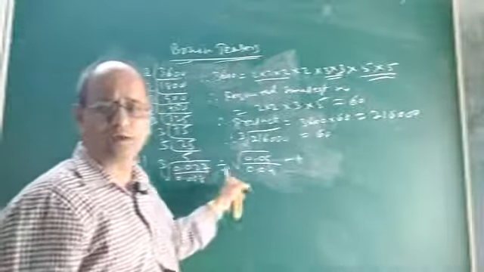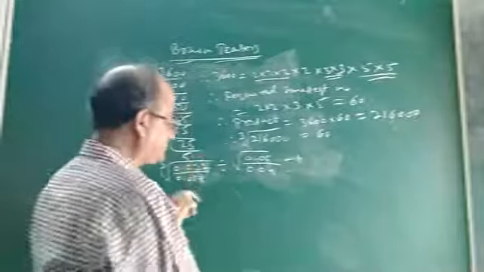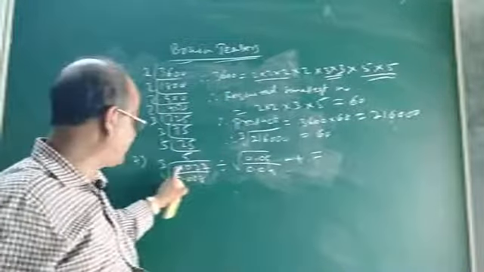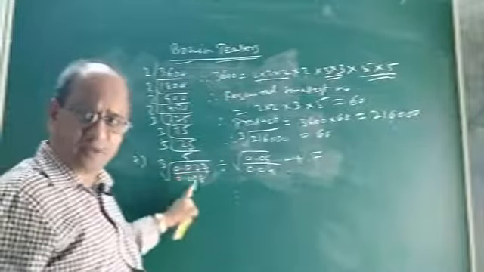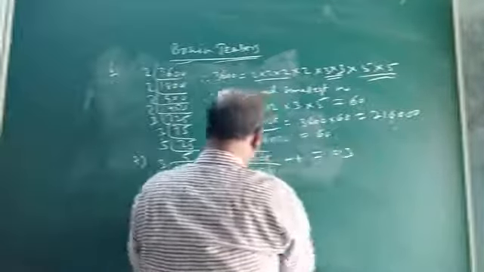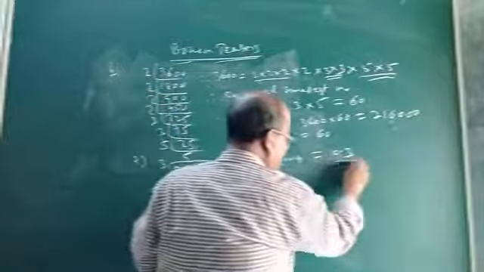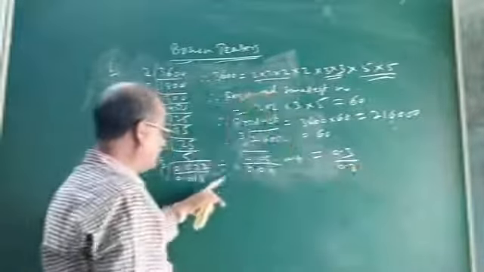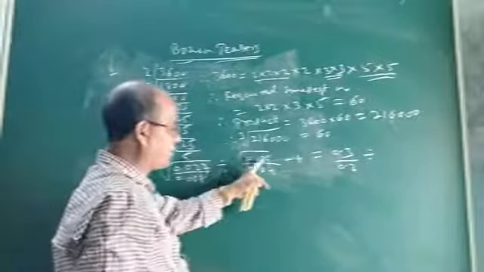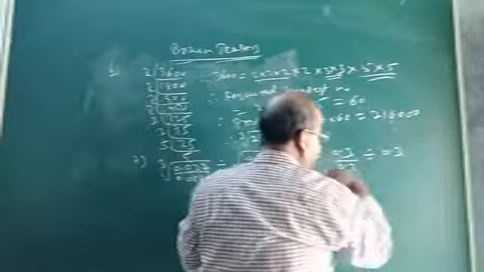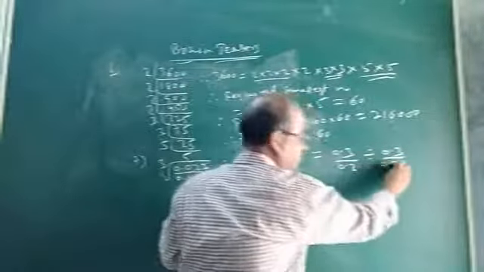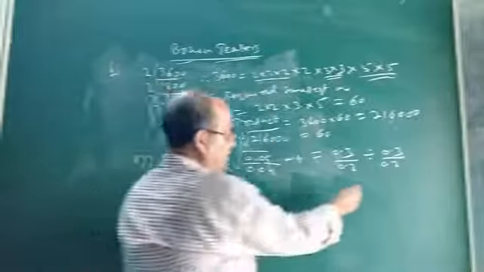How to evaluate? How to find the value? How to simplify it? What is the easiest procedure? See, the cube root of a by b means cube root of a by cube root of b. So first you find the cube root of 0.027, it will be 0.3. The cube root of the denominator 0.008 will be 0.2. Divided by the square root of 0.09, which will be 0.3, and the square root of 0.04, which will be 0.2, minus 1.